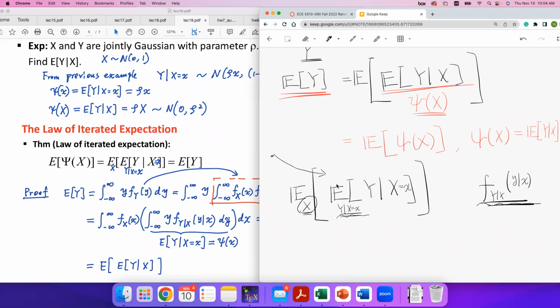So once we fix a realization of x from the outer expectation, the inner expectation will be taken over the randomness of y. In this case, the randomness is y conditioned on this realization of x.